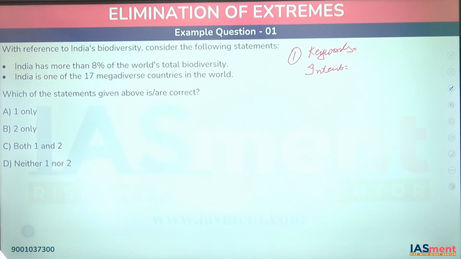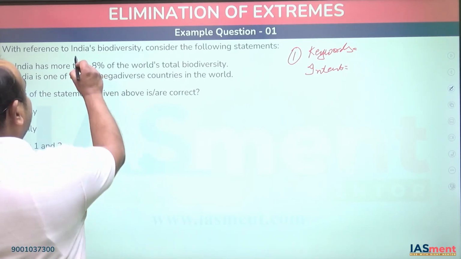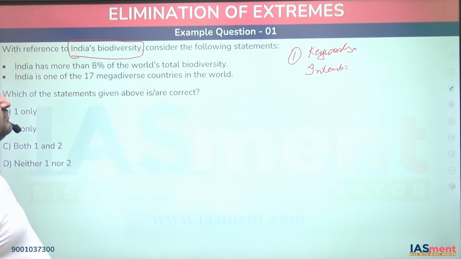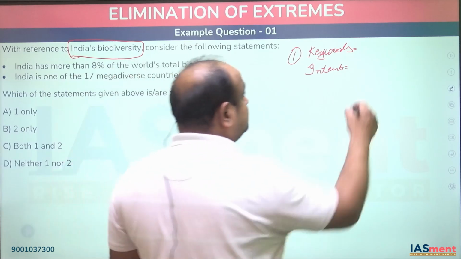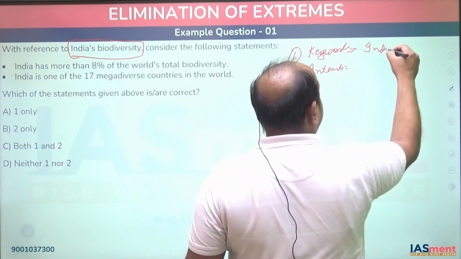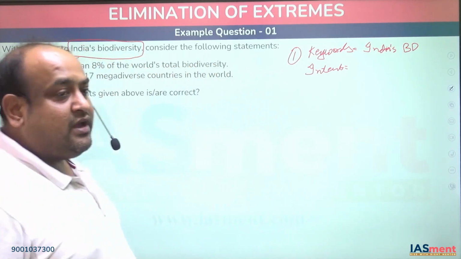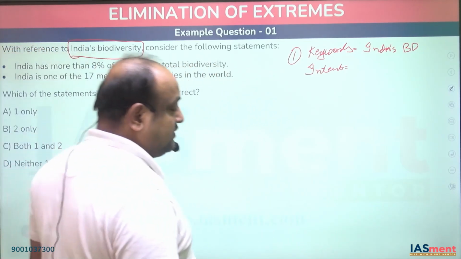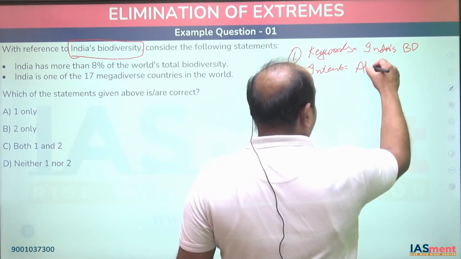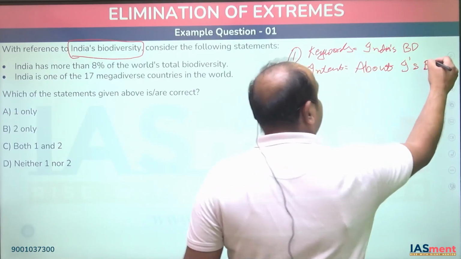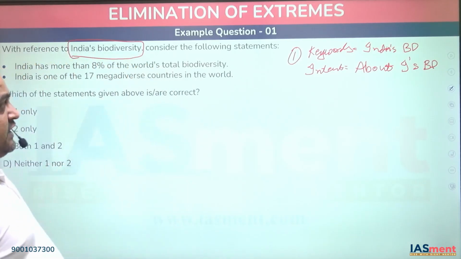India is one of the 17 mega diverse countries in the world. Keyword here is India's biodiversity, and intent of the question is about India's biodiversity.